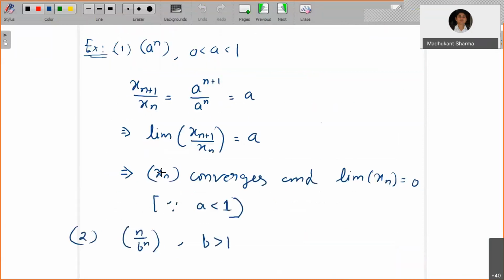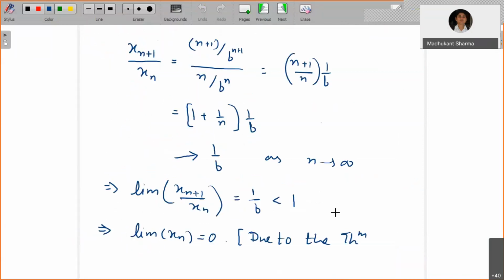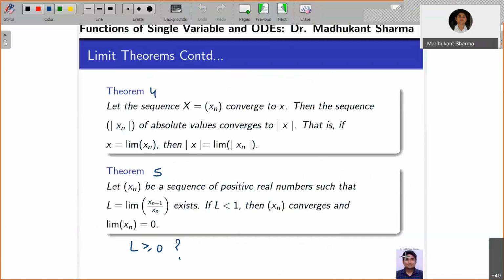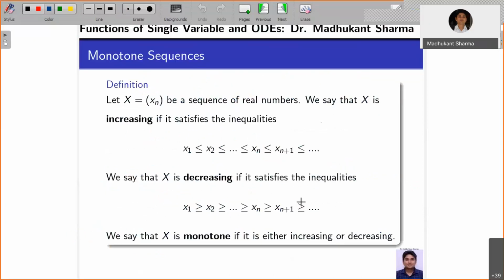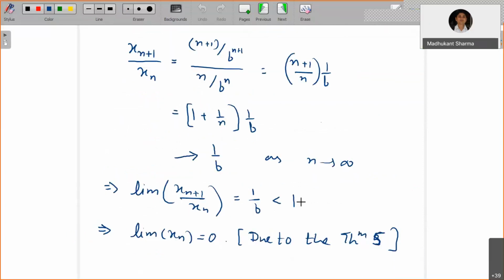So it is due to theorem 5, sorry, 5, which says that if the limit of xn plus 1 by xn is L, it exists, and if L is less than 1, then it guarantees that xn converges and its limit is 0. Let me give you the proof. Let me establish the theorem.